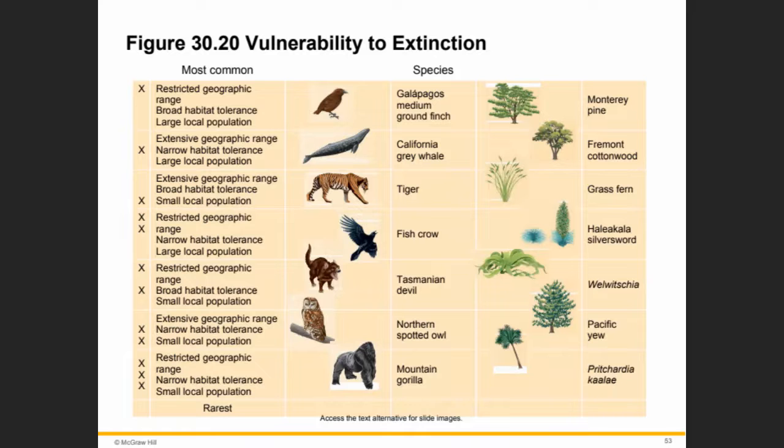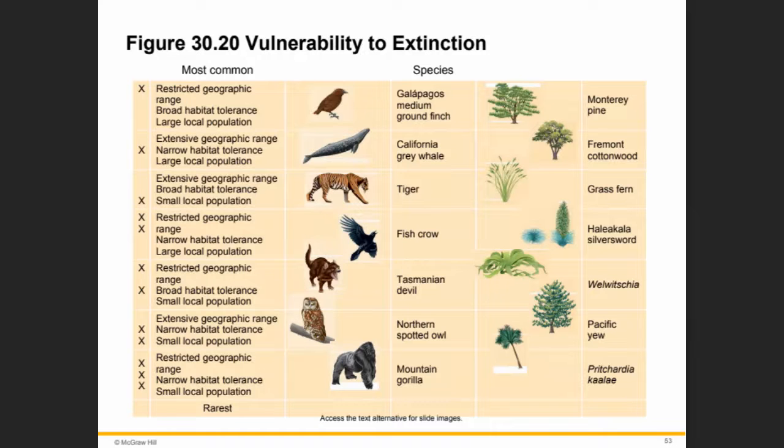So this shows some species, their habitat, and the chance and cause of their extinction. The chance and cause of extinction are higher for each species. The Galapagos medium ground finch needs the Monterey pine because it has a restricted geographic range, and a broad habitat tolerance.